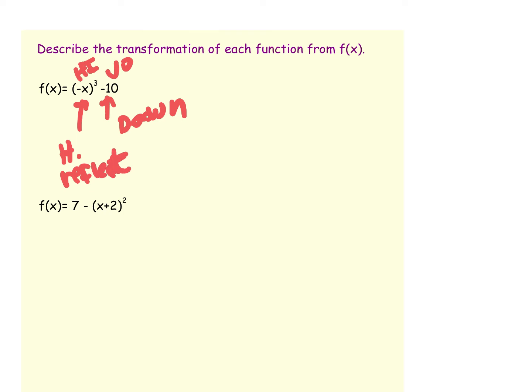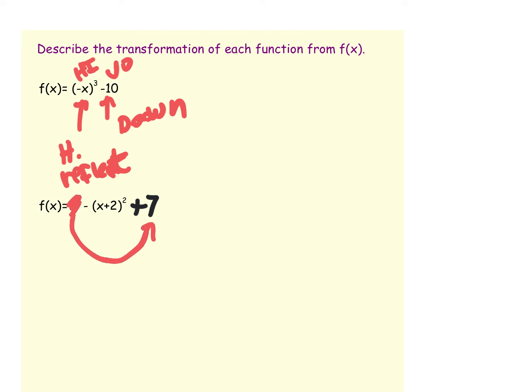This 7 here fools so many people because they see the 7 and they see the minus and they think -7. No. That's a +7. That negative is on the parentheses. So if you move it to the end, I think you'll do a lot better on this kind.